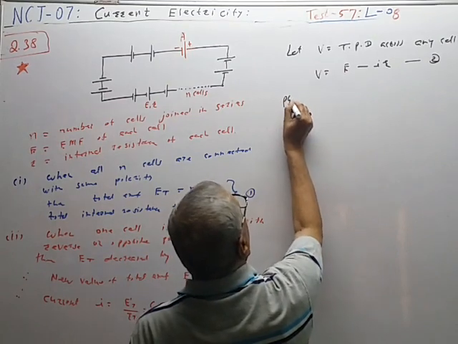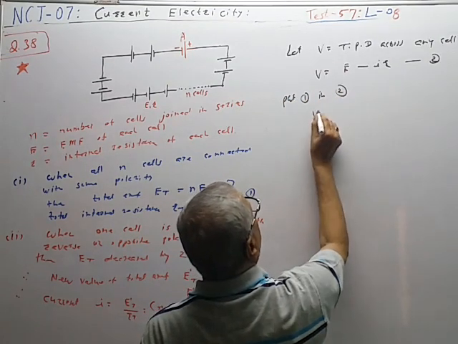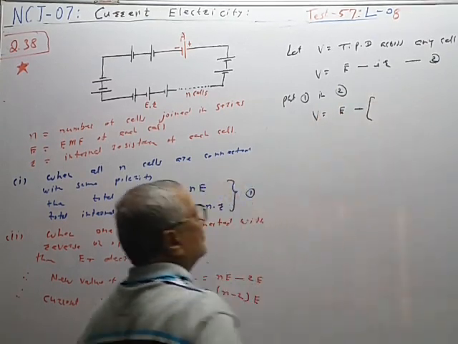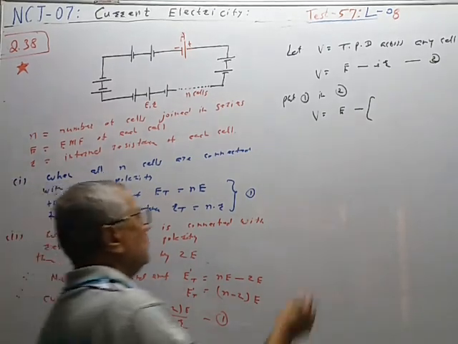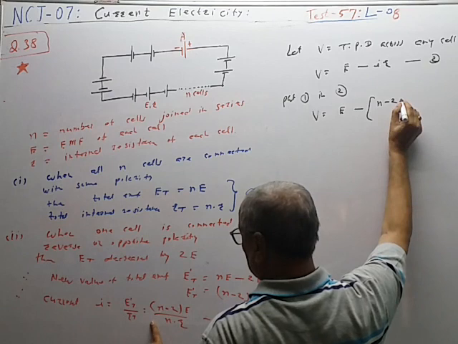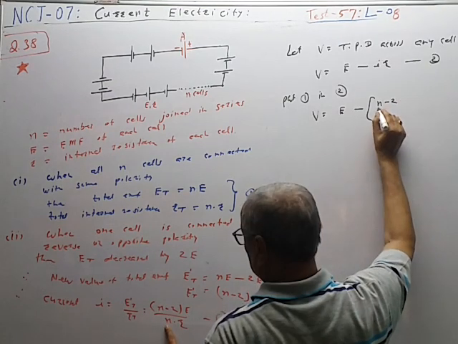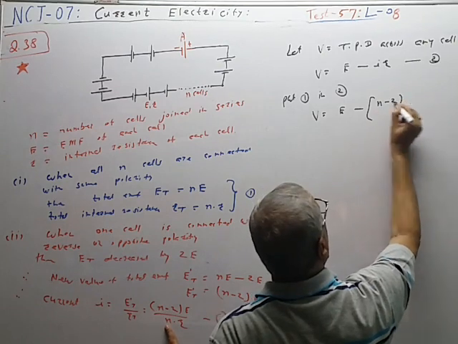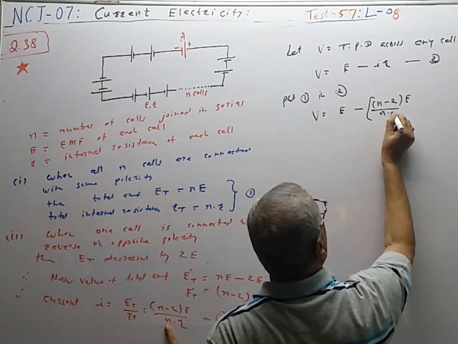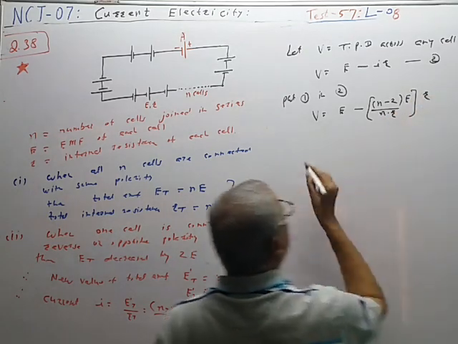Put 1 into 2. Therefore, PD of the cell is equal to E minus, now value of I is this, (n minus 2) into E upon n into R, into R. So R and R will get cancelled.